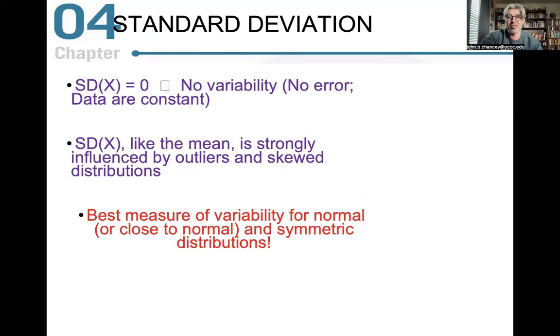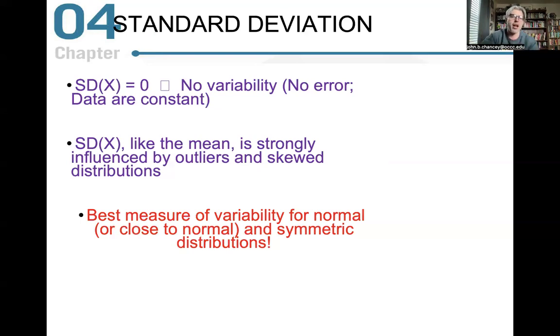Some other things about standard deviation. If we get a standard deviation of 0, that tells us there's no variability, no error in our data. It's constant. Our standard deviation, like the mean, is strongly influenced by outliers and skewed distributions. Like we looked at earlier, the interquartile range is really good for skewed distributions.